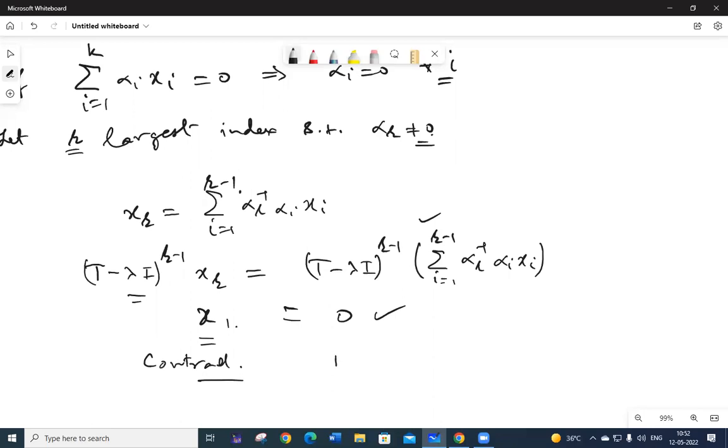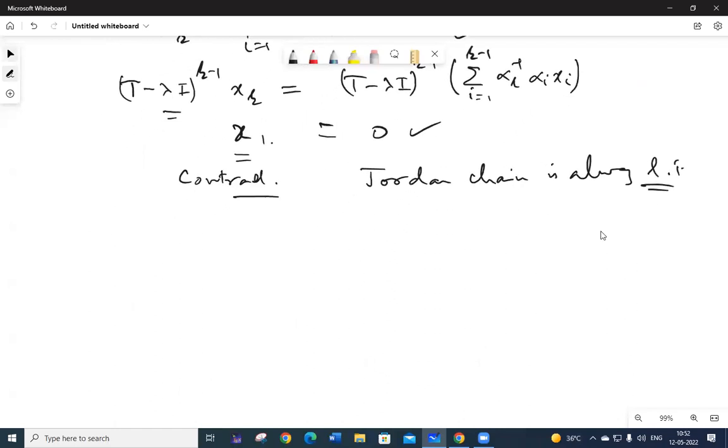Therefore, what happens? A Jordan chain is always linearly independent. Now, this is giving you another piece of information. What can be the largest size of a Jordan chain?